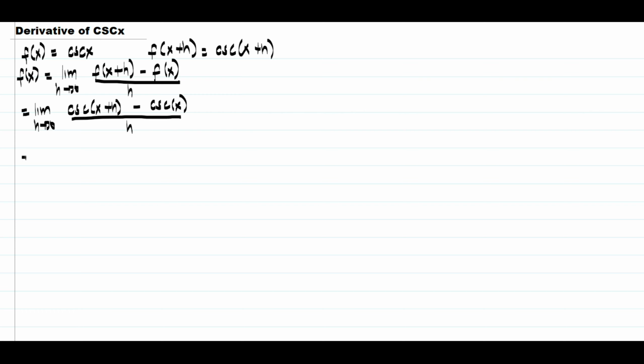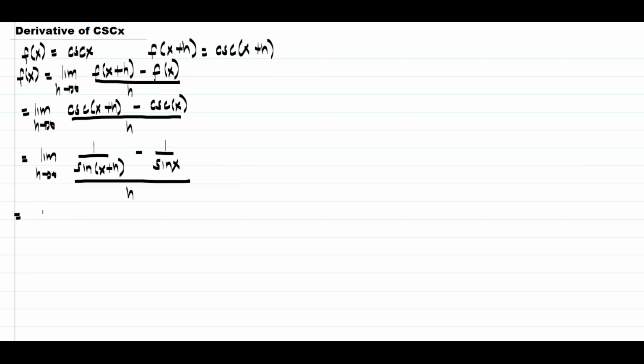And to simplify this one, let us have limit h approaches 0. The reciprocal of cosecant is 1 over sine. So since we have cosecant x plus h, this will be 1 over sine x plus h, minus the reciprocal of this one, that is 1 over sine x, all over h.